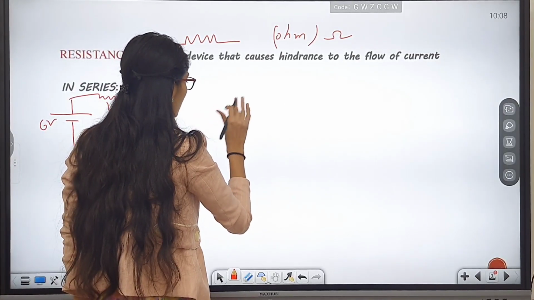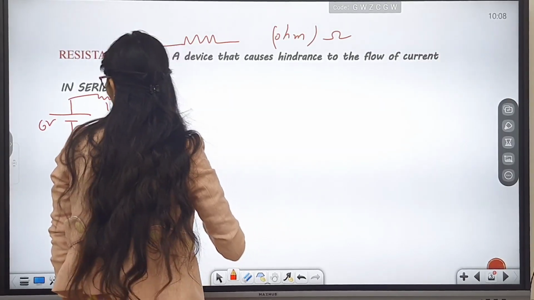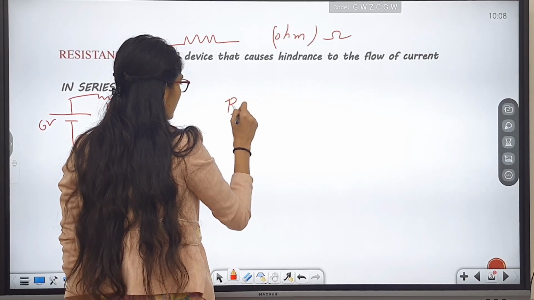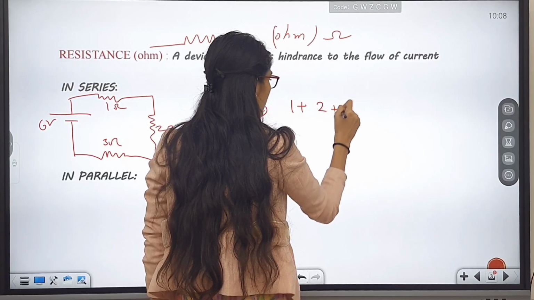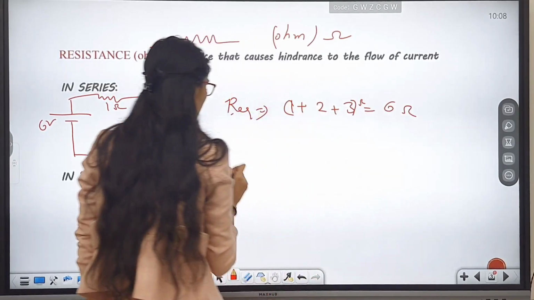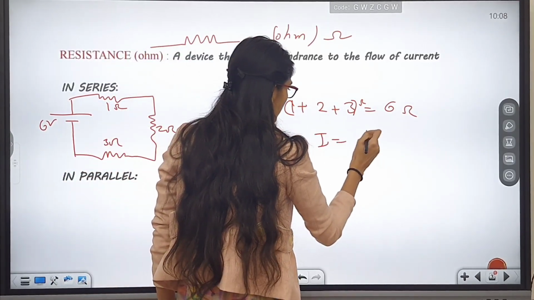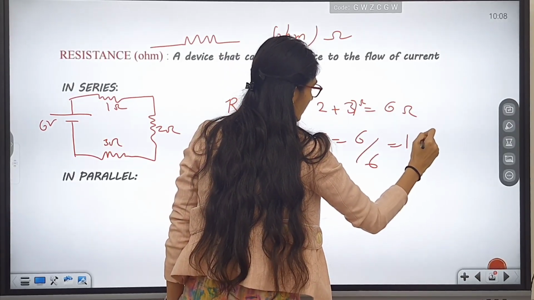Then you are asked what would be the current in this circuit. First we have to find R equivalent, that is 1 ohm plus 2 ohm plus 3 ohm, which is overall 6 ohm. So V is equal to IR, and I will be equal to V upon R, that is 6 upon 6, which is equal to 1 ampere.